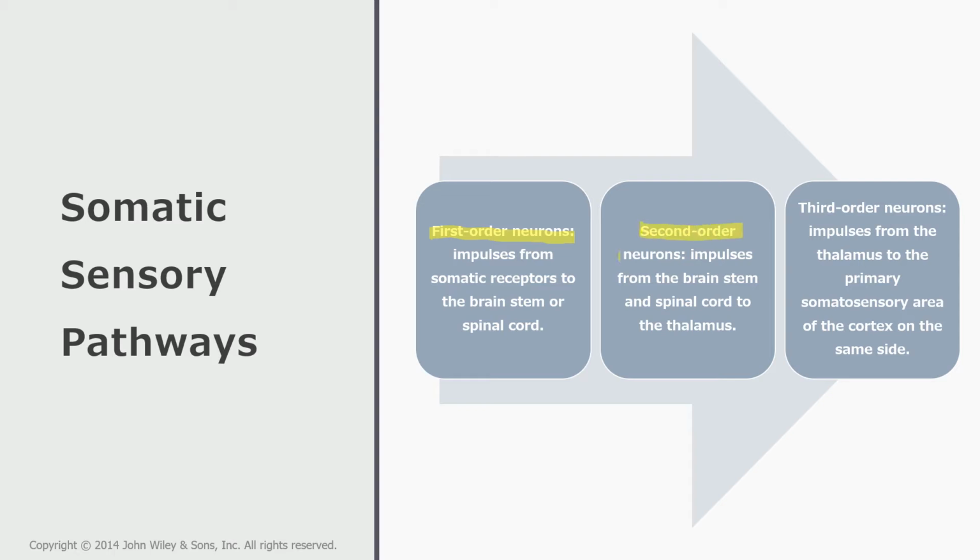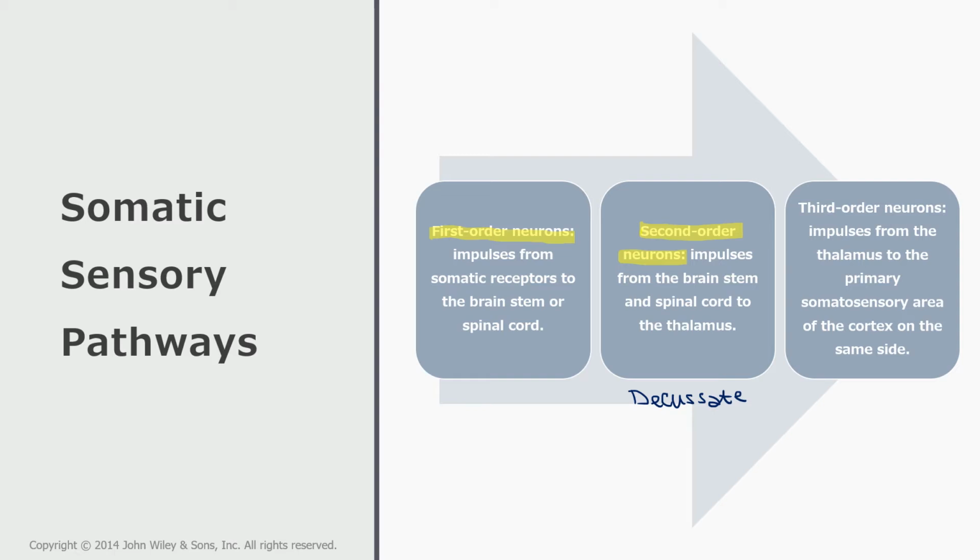Second order neurons conduct impulses from the brainstem and spinal cord to the thalamus. So axons of the second order neurons decussate in the brainstem or also in the spinal cord. Decussate literally means to cross over to the opposite side.